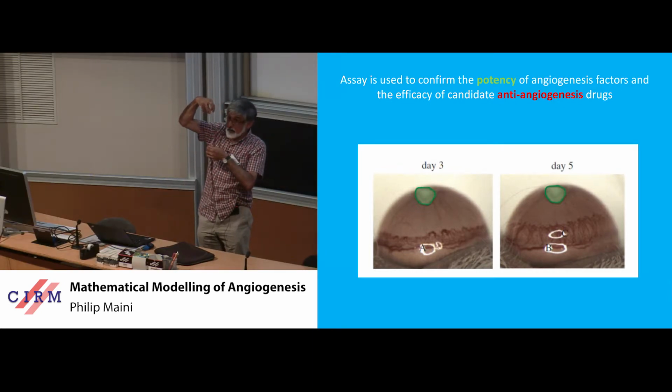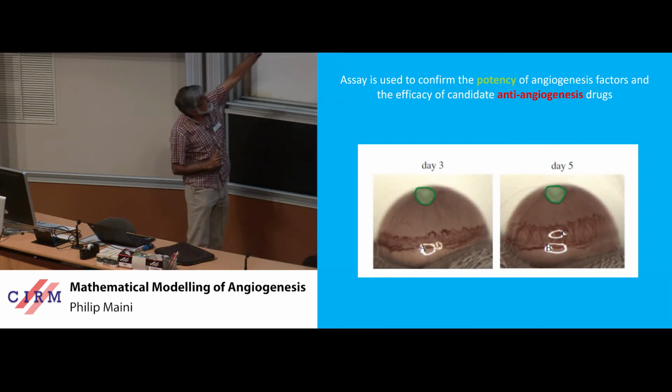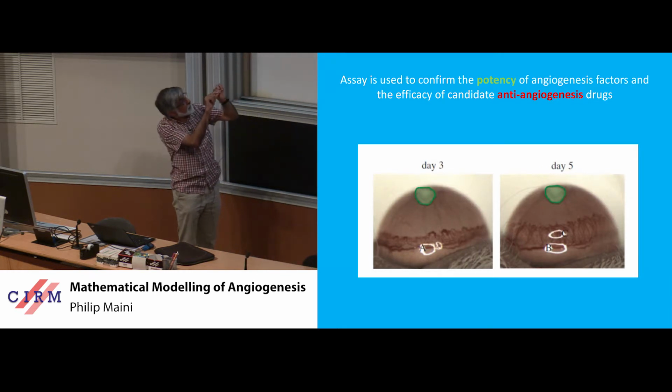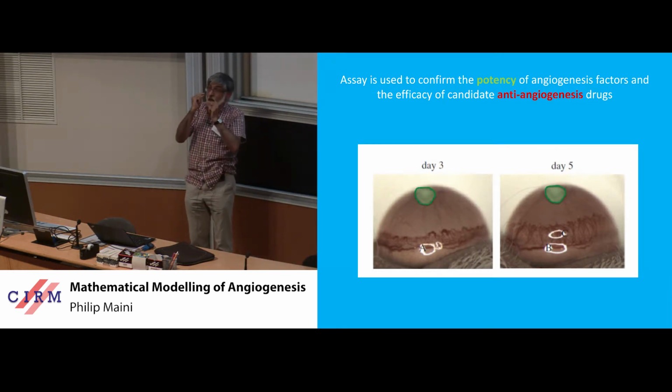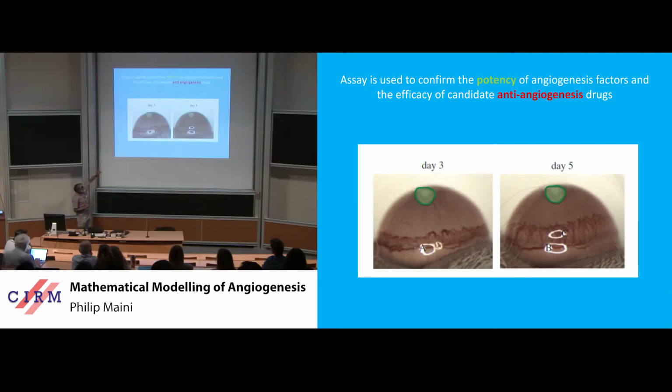You stick it in there, and what will happen is that the blood vessels in the eye, which are around the outside of the cornea, there are no blood vessels in the cornea itself, it's all on the outside. So when you start to see blood vessels in the cornea, they have come because of what you stuck in the eye.